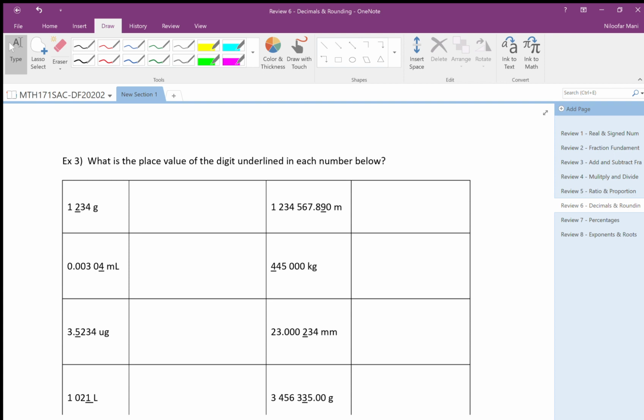So you start from 1, and then 10, and then 100. So 2 is 100 here, 1,200, as I say. So hundredths. How about here? After the decimal, I start from tenths, and then after that is hundredths.